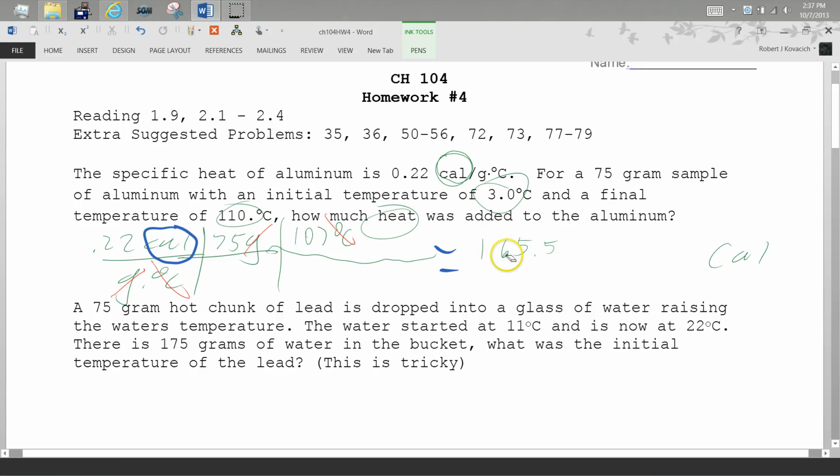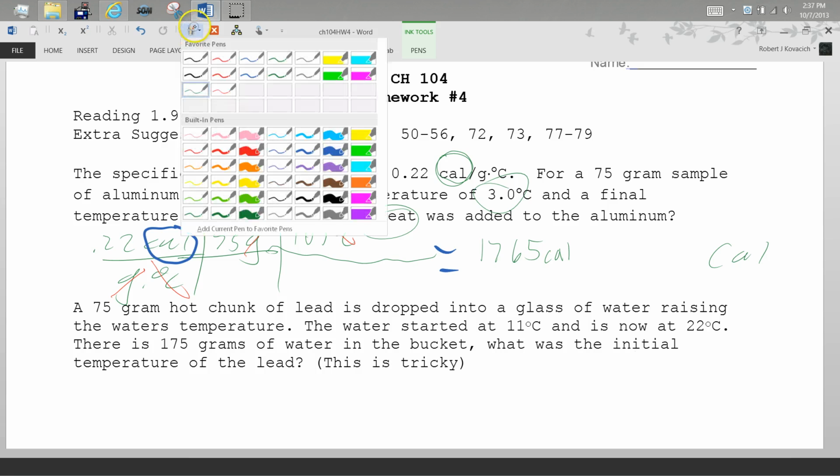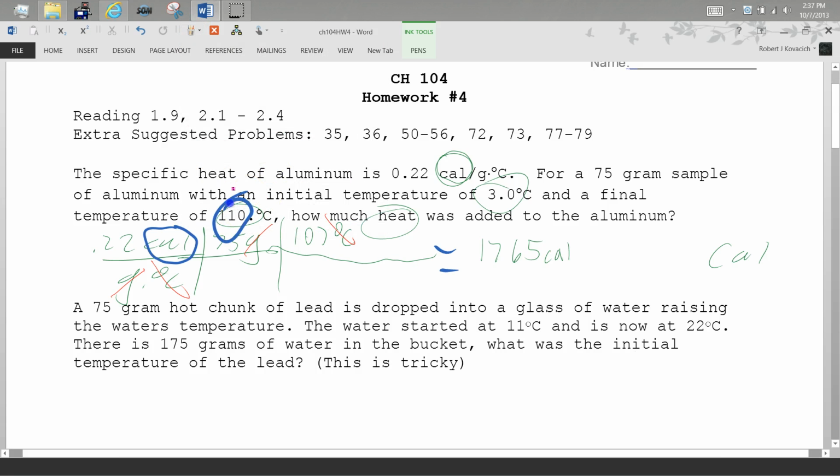1765? All right, let's try that again. 1765. And so 1765 calories, but if I go back to my problem, it's about sig figs, right? So this guy has 2 sig figs. This guy has 3.